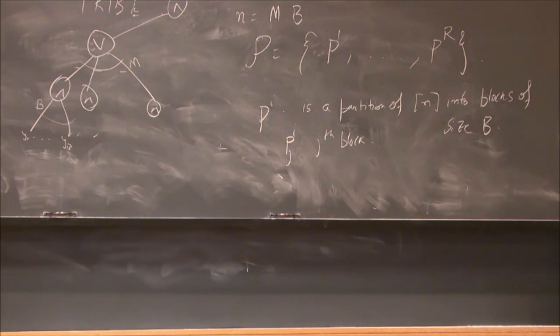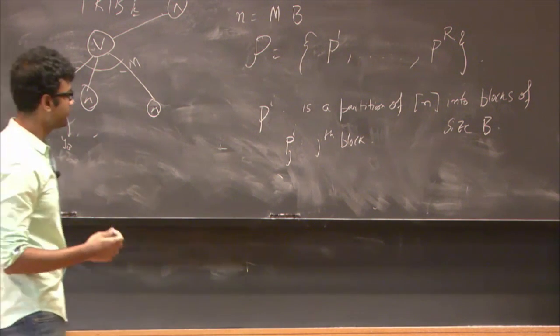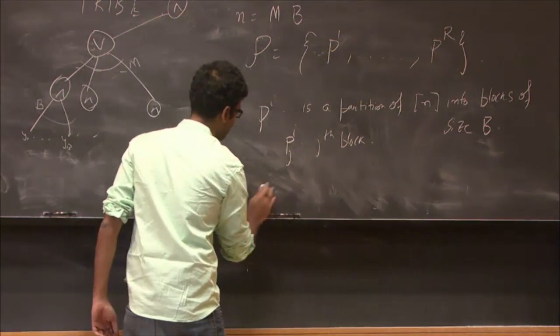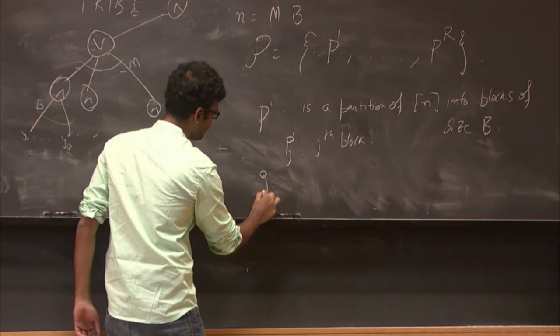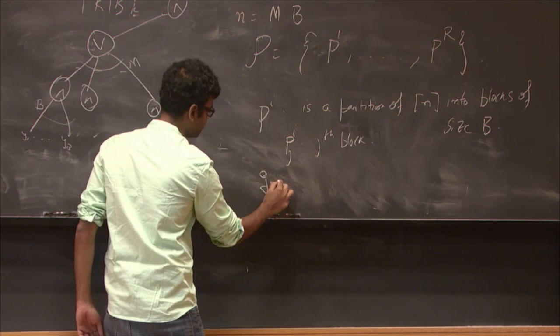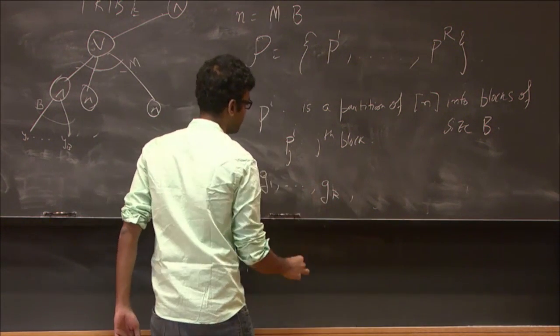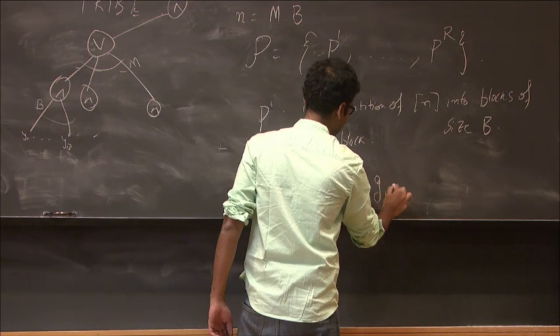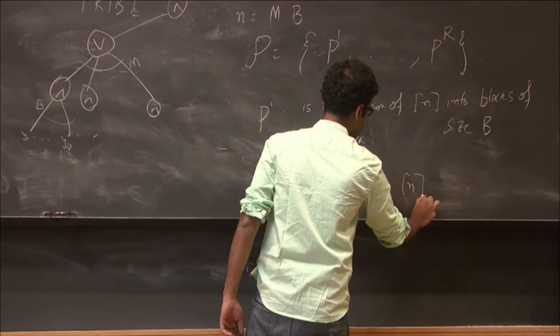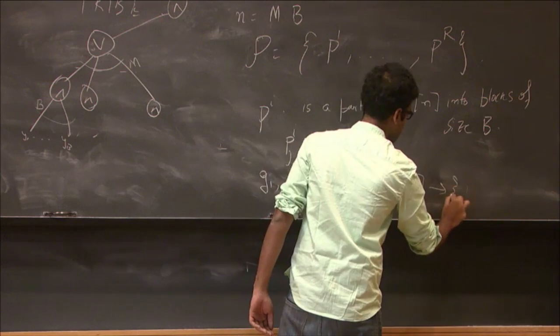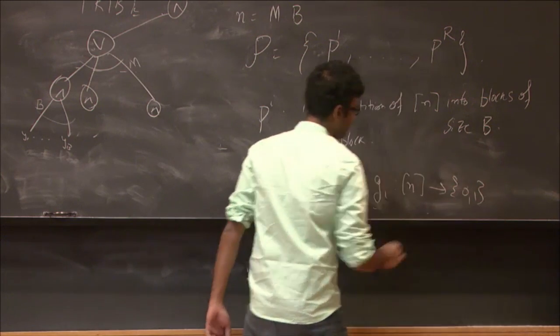Then the Ajtai-Linial function with respect to, okay, the Ajtai-Linial construction is actually slightly more complicated. We also need a collection of functions g1 through gr, where each gi is a function from n to 0, 1.